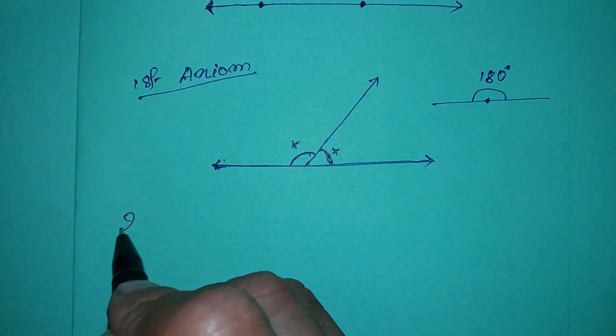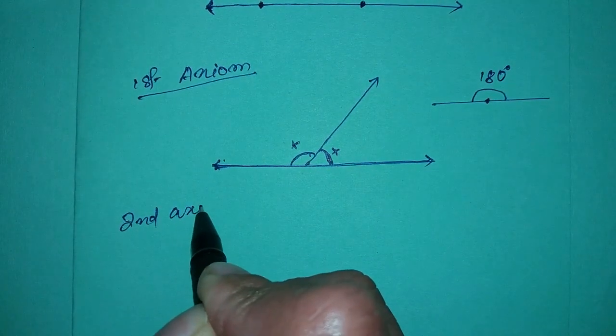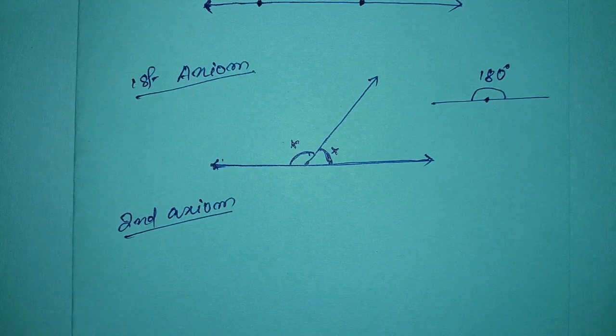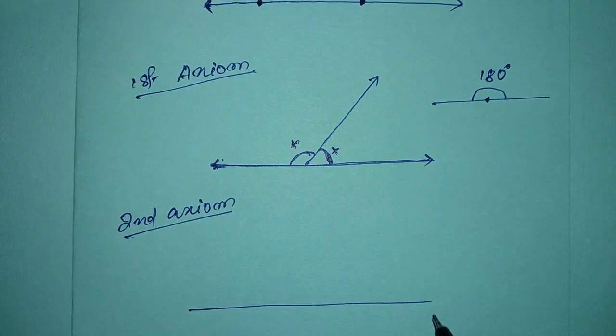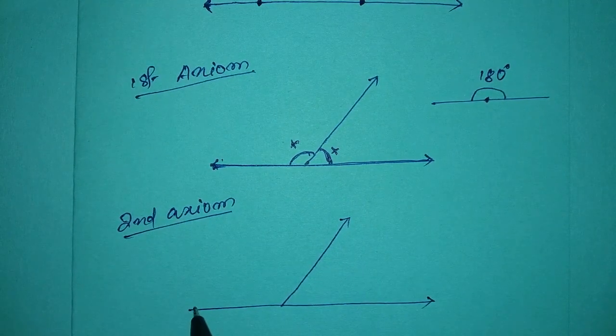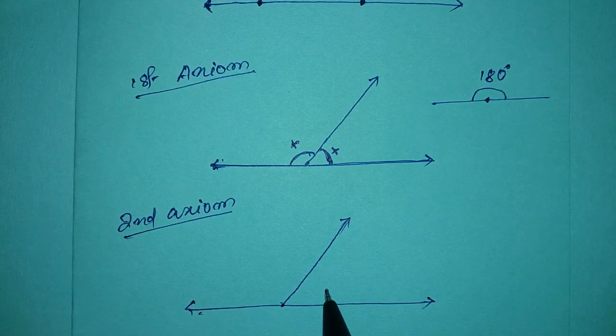Now the second axiom is the opposite of this. If the sum of two adjacent angles is 180 degrees, then the non-common arms of the angles form a line. Here we have two adjacent angles. This is one angle and this is another angle, and this is their common point, that means the common vertex.